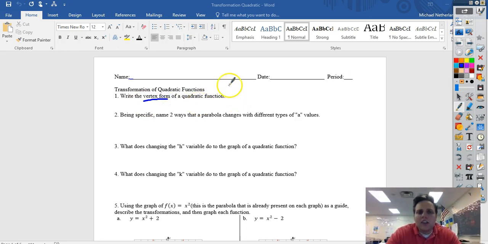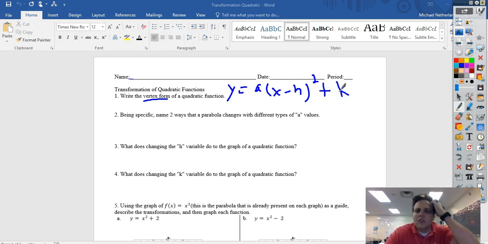The vertex form is y equals a times (x minus h) squared plus k. That is what you should write here for number 1. That is vertex form. On question 2, when it says be specific, name 2 ways that a parabola changes with different types of a values.